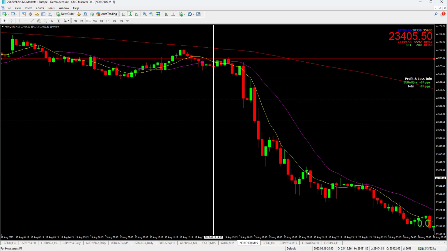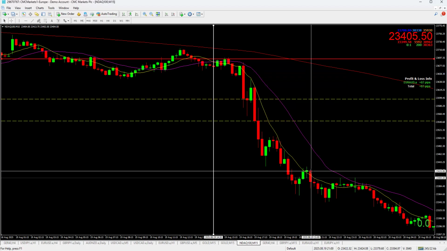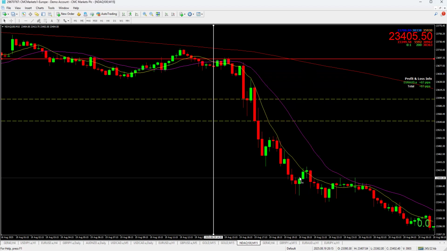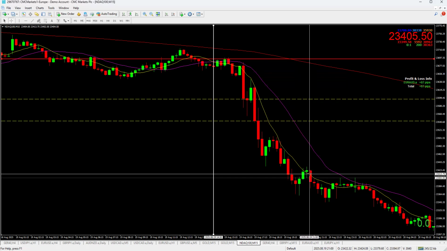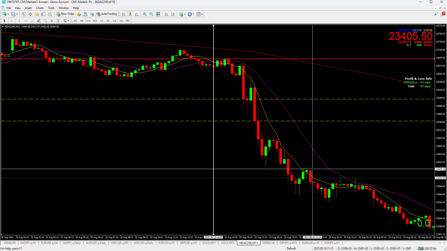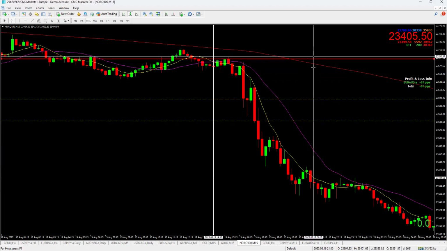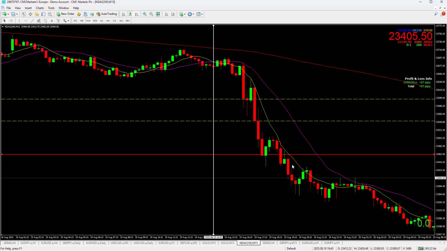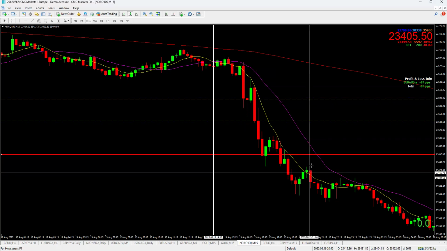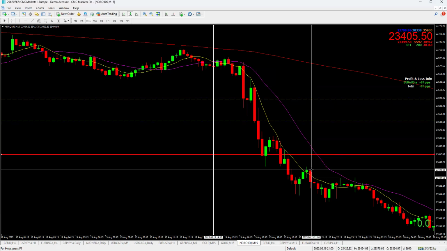On this occasion, it closed above it and then continued anyway, but so as not to take any risk, I would say once it closes there, you could decide to come out, unless maybe you have moved your stop loss here, just in case it doesn't get there. And on this occasion, it did not.